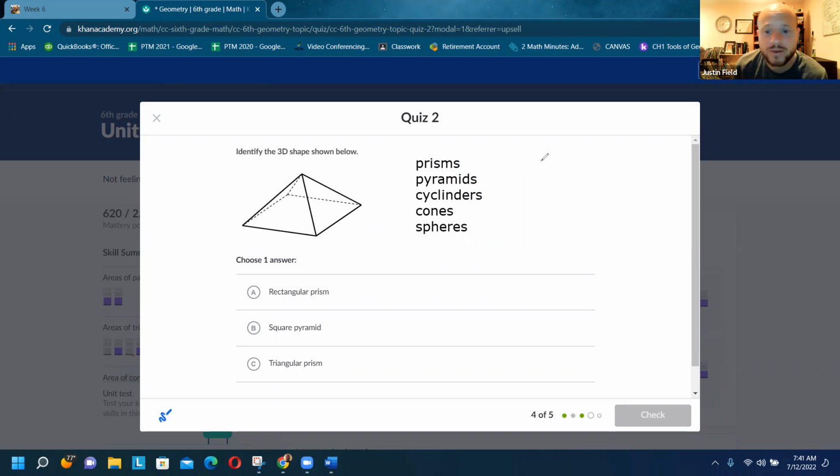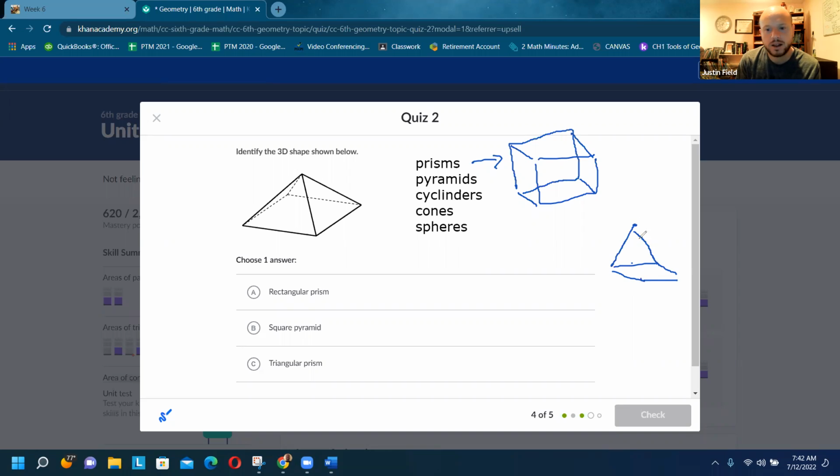And I'm even going to draw them for you. So prism, go ahead and draw a square or a rectangle on your paper, and then draw that same one offset. Of course, this is not the best because they're not exactly the same, but that is a prism. Pyramid, how do you draw a pyramid? Draw a parallelogram and then put a point above it and then connect the vertices to that point, and you get something like a pyramid. Cylinders, how do you draw a cylinder?